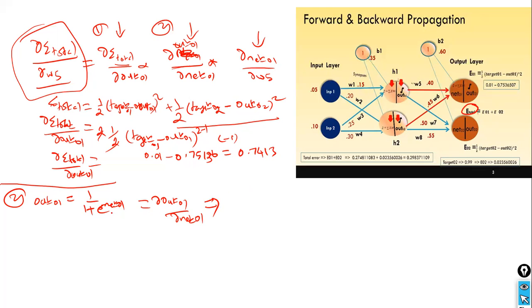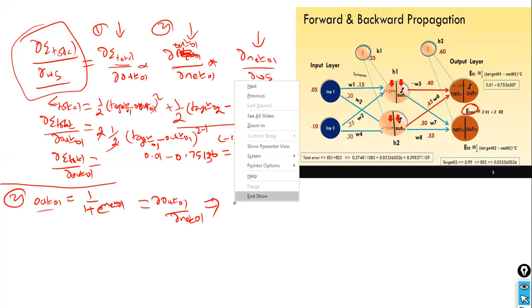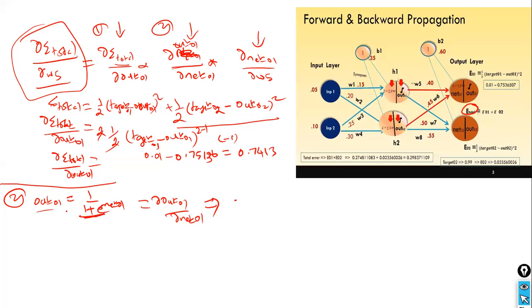So in this case, the out O1, your sigma, is nothing but this one, right? This one represents this one, and I call this a sigmoid here: out O1 into 1 minus out O1. Here, what is the out O1 here? The output of this one, right?